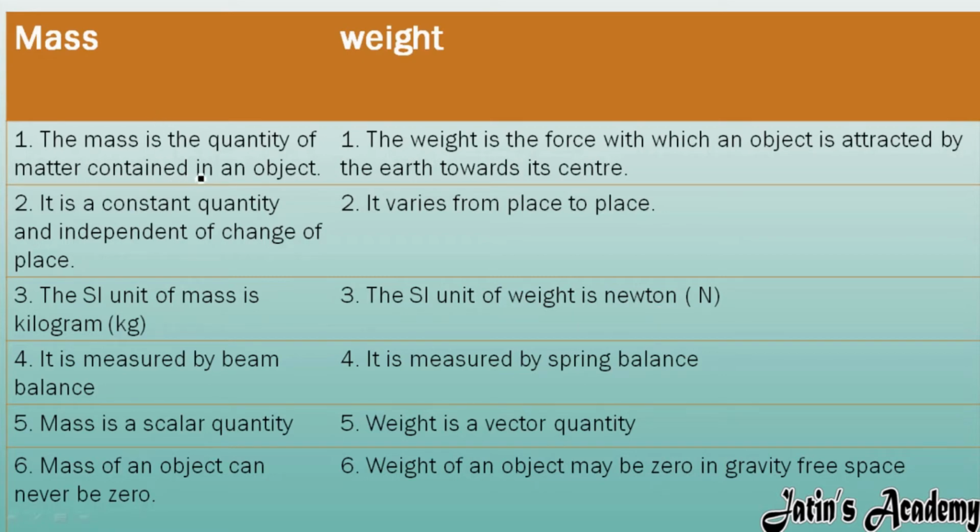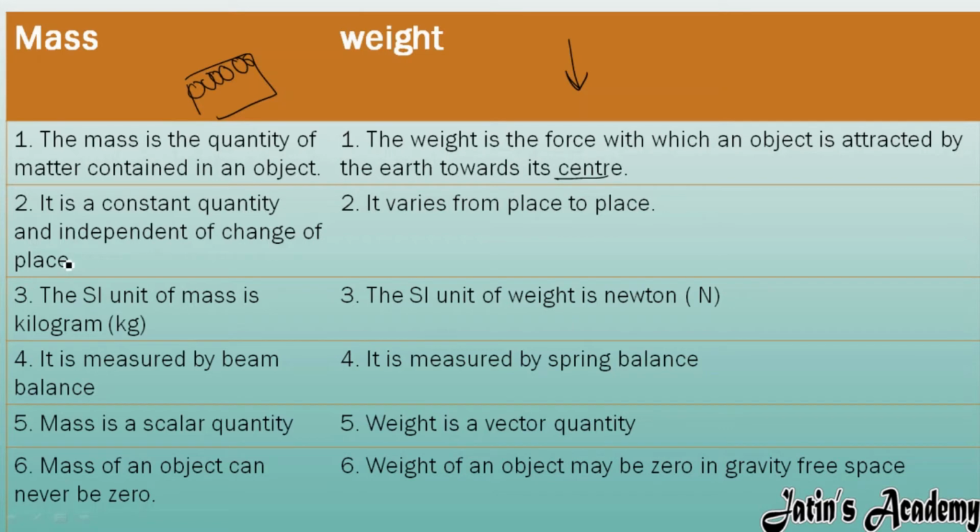First difference: mass is the quantity of matter contained in a substance. What do you mean by weight? Weight is the force with which an object is attracted toward the center of the earth. When an object is attracted toward the center of the earth, that force is known as weight.